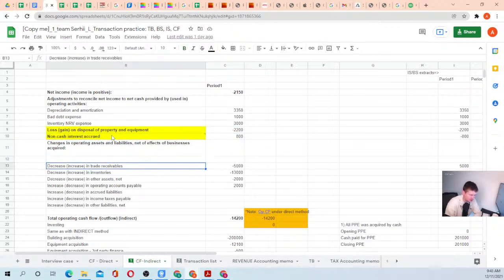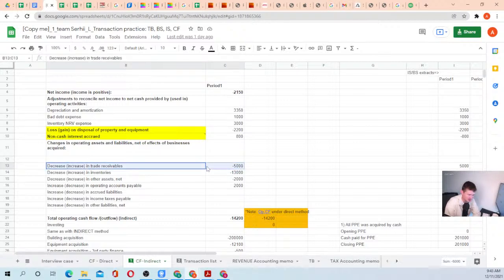Then you adjust all of that for changes in working capital, in your trade receivables, inventories, other assets, operating accounts payable. So if you sell most of your stuff during the year and you only got accounts receivable, so you didn't collect cash, you'll be in a situation when you earned some income, but you haven't generated any cash flows.